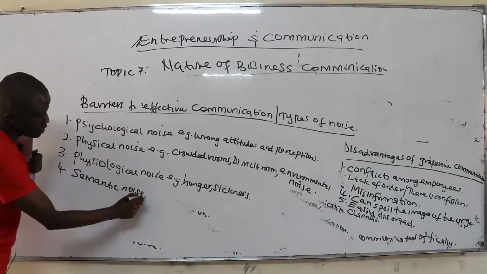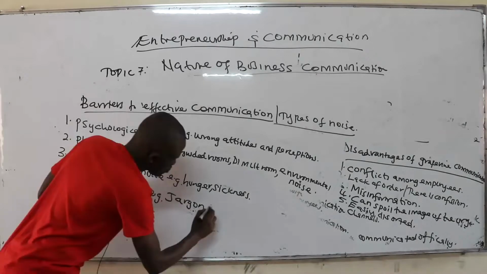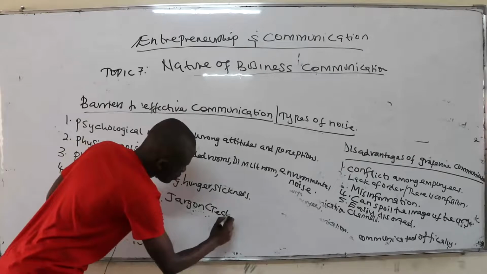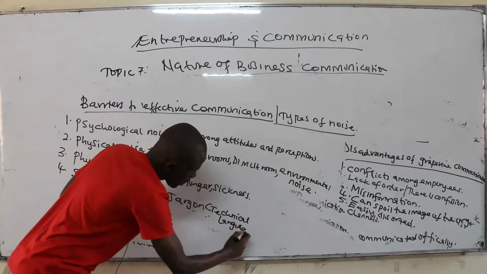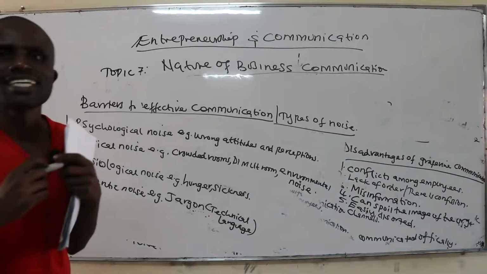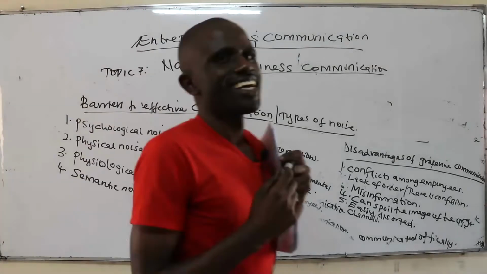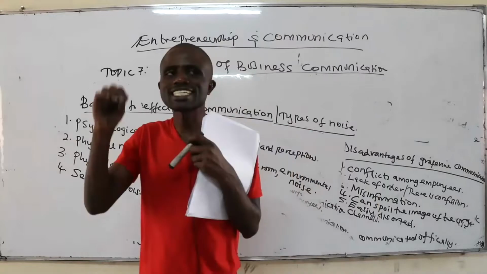Then we also talk about semantic noise, e.g., jargon. Do you know what is jargon? Jargon is the use of technical language. For instance, when you're talking to a lawyer and he's talking about nemo dat non habet. What does that mean?